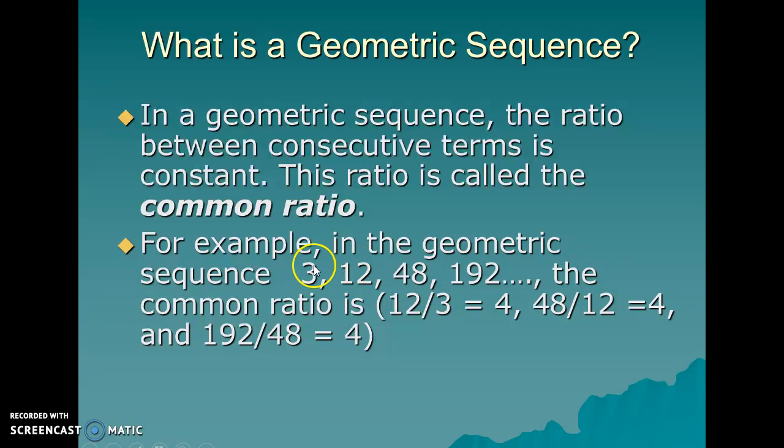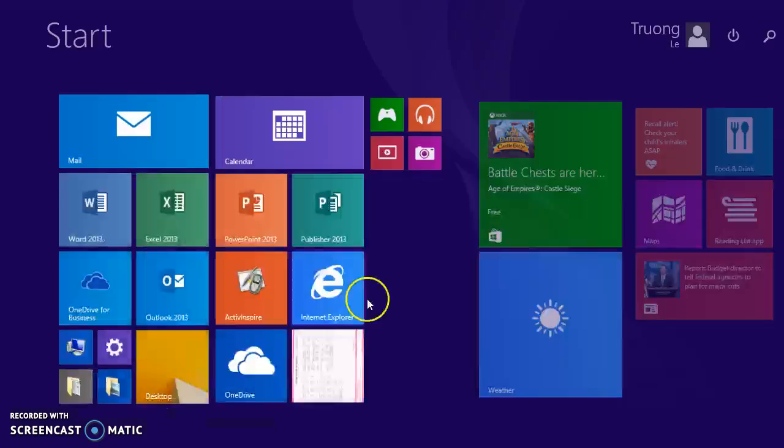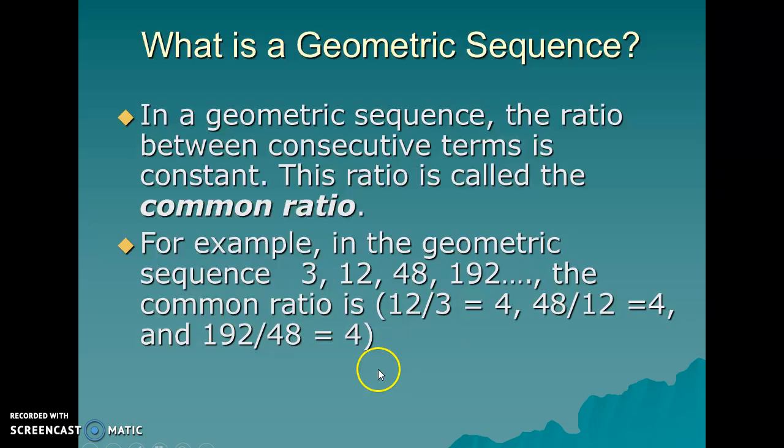So you take any two consecutive numbers and divide the second by the first, and you'll get a 4.